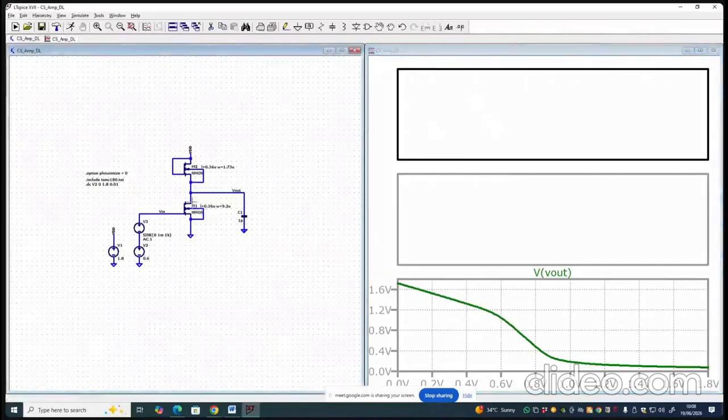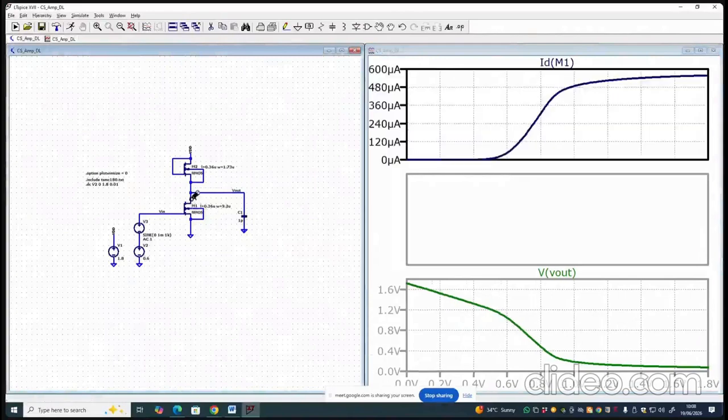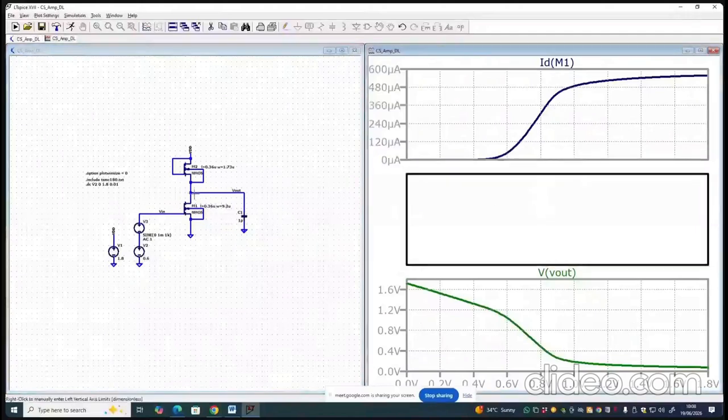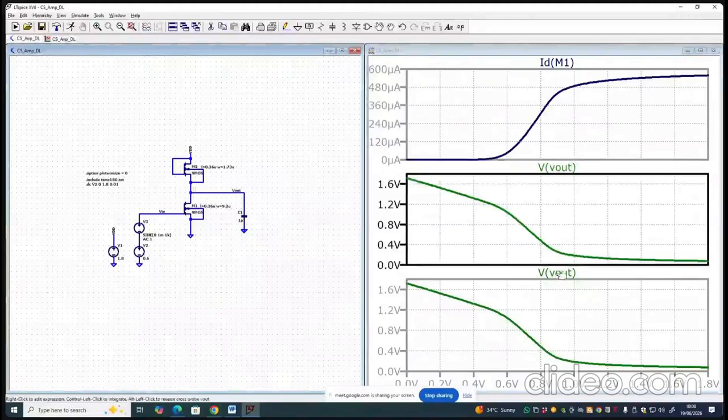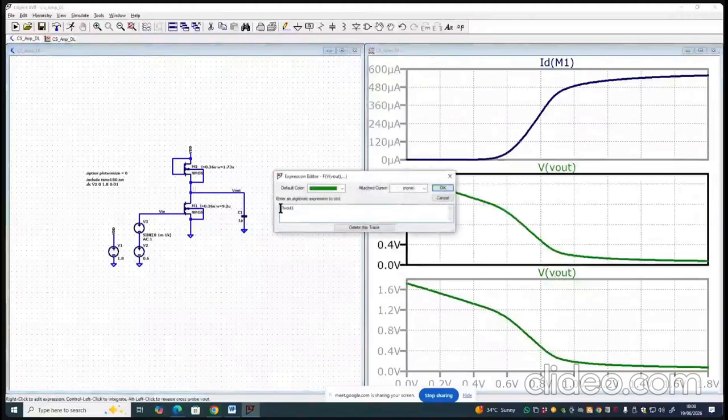So I am also plotting current. So this is IDM1. Okay, and I will plot V out here, and this I will plot as gain, so that we can see all the three plots simultaneously.